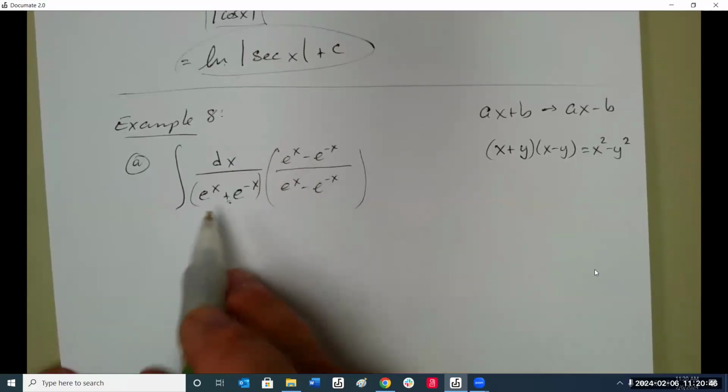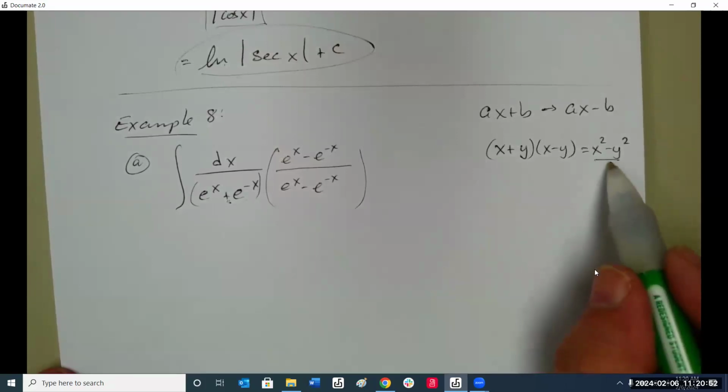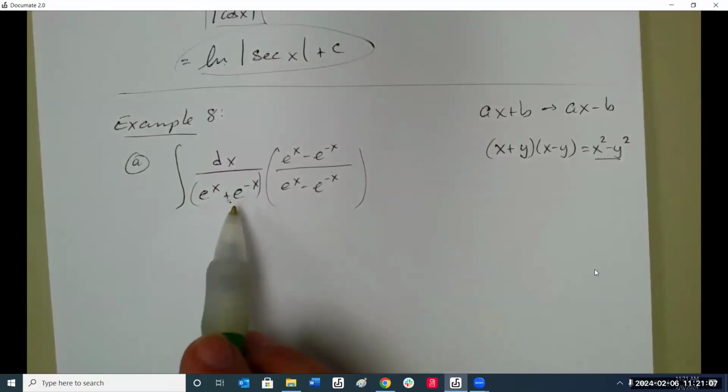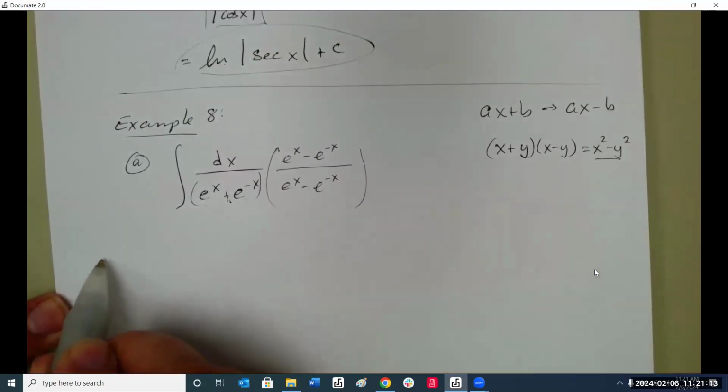But now we'd still have this on the bottom. Our whole objective is that we're having trouble with this expression because we have a sum on the bottom. Can we do anything? If we did this, what will we have?